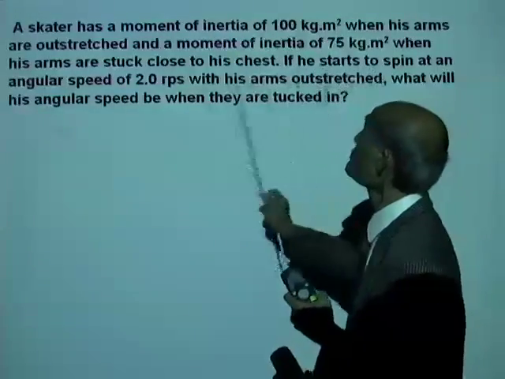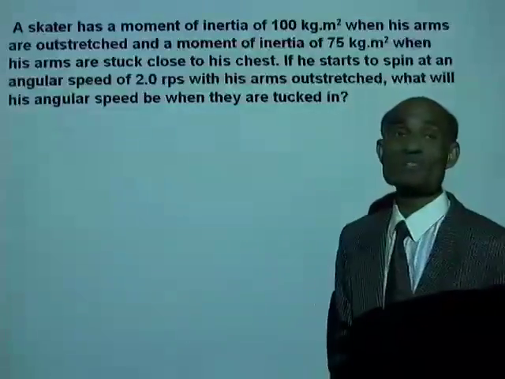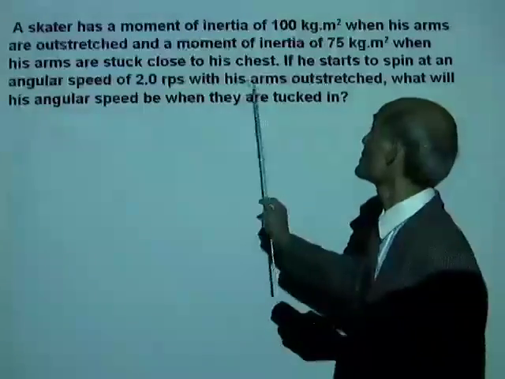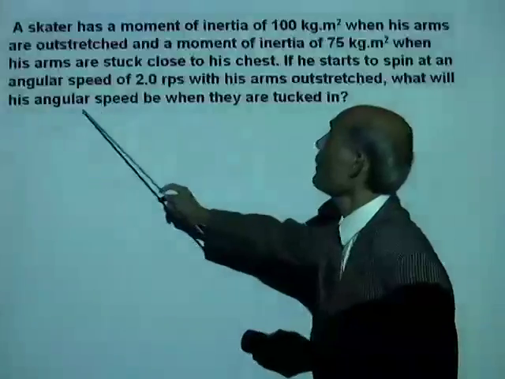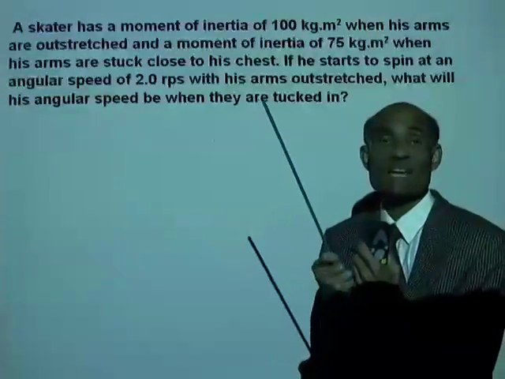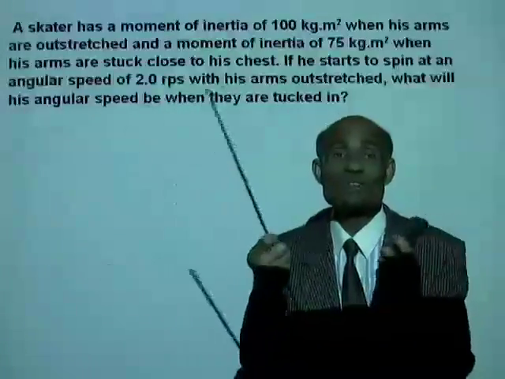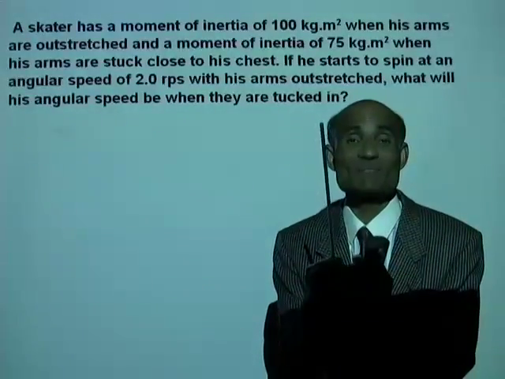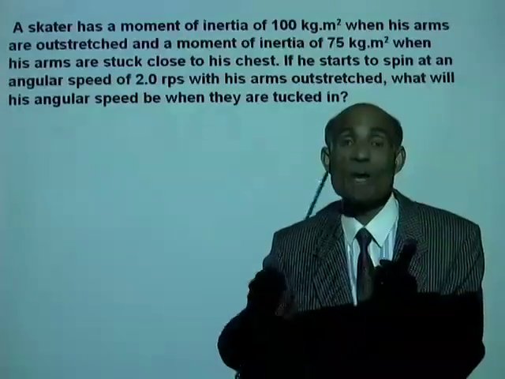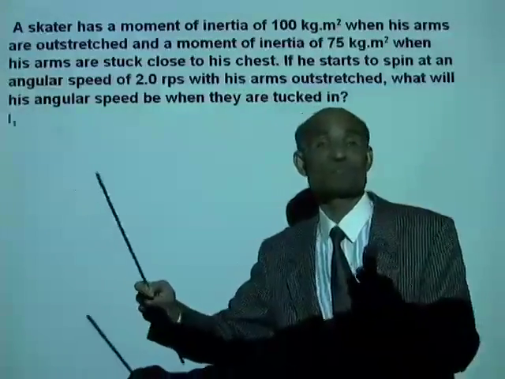If he starts to spin at an angular speed of 2 revolutions per second with his arms outstretched, what will his angular speed be when they are tucked in? You can see this is a question using the conservation of angular momentum. Is that right? I1 omega 1 equal to I2 omega 2.